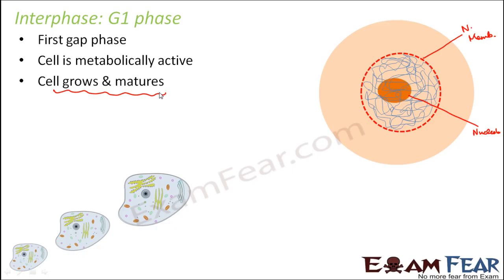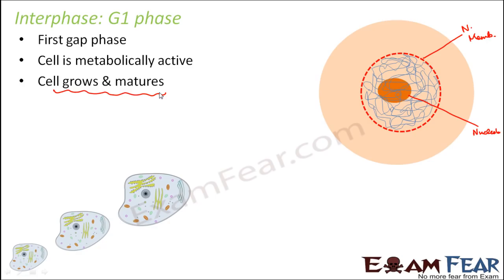Now during this phase, the cell also increases in mass in preparation for cell division, because it is simple logic. Suppose a small boy wants to fight with a big boy, he needs to have a lot of energy. So in order to get that energy, he tries to eat well, drink well, so that he gains some weight and has some energy to fight.